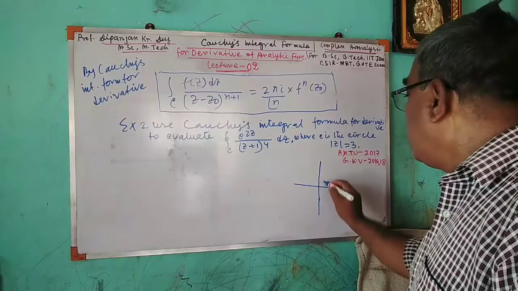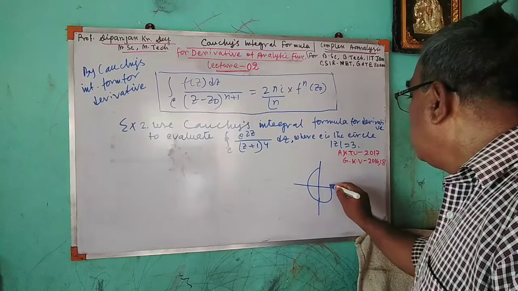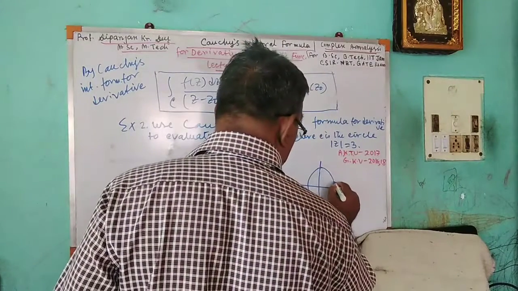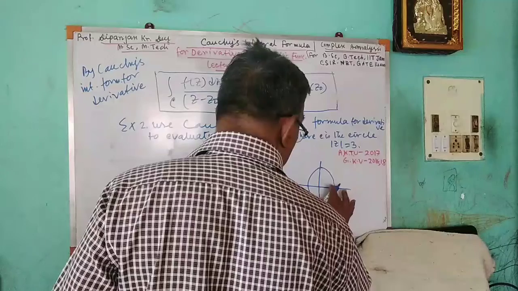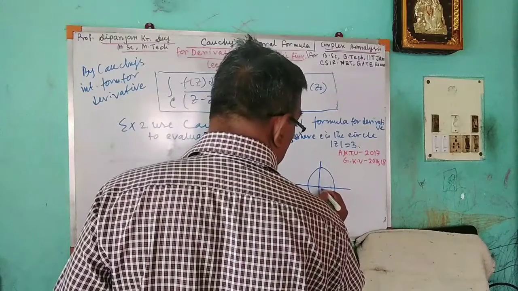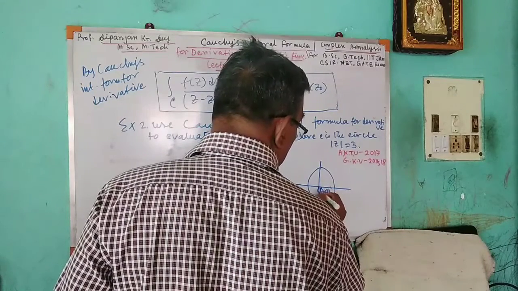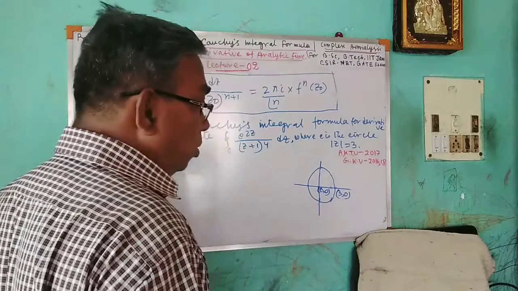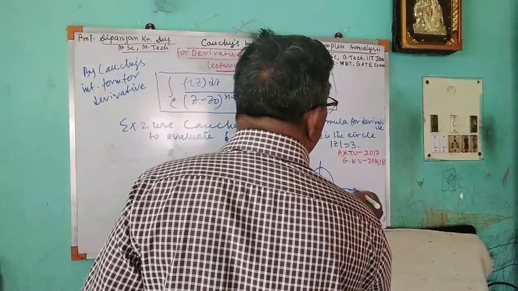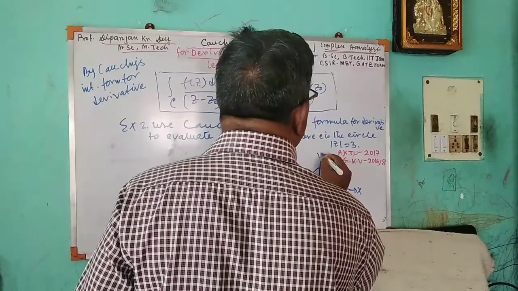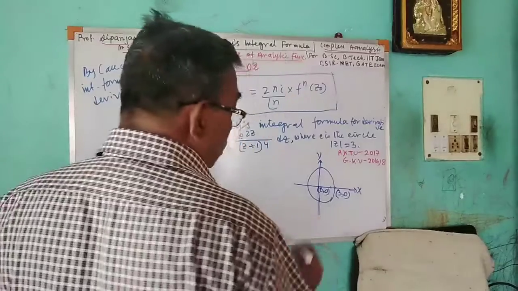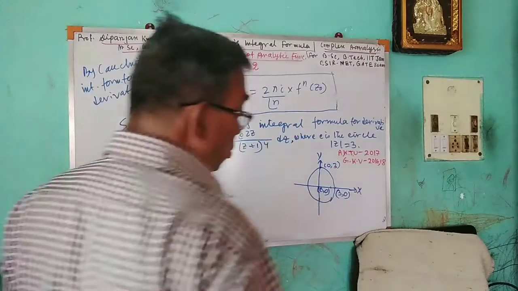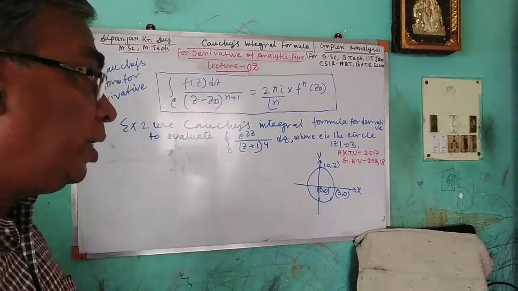This is a circle whose center is 0, 0 and radius is 3. This is 3, 0, this is the real axis, this is the imaginary axis. This point is 0, 3. Center 0, 0, radius is 3.